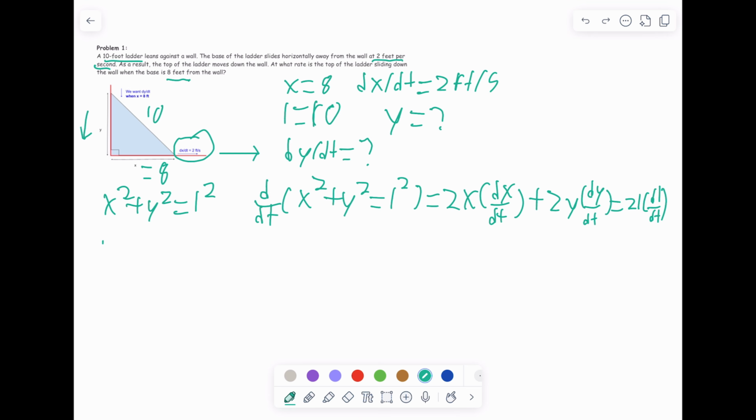So now that we have all that set up, you can solve for y using the Pythagorean theorem and substituting in the known values. So 8 feet squared plus y squared equals 10 squared, or 10 feet squared.